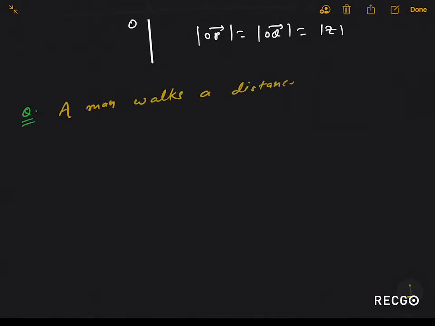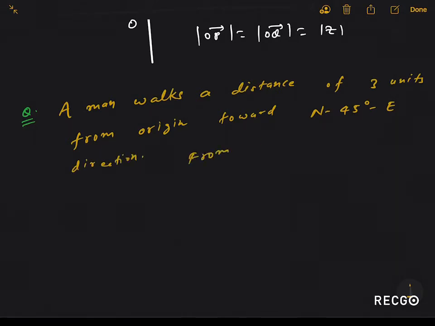Based on this, let us see a question that was asked in IIT JEE 2009. At that time, JEE Advanced was called IIT JEE. So the question says that a man walks a distance of 3 units from the origin in the complex plane towards north 45 degrees east, that is northeast, direction.